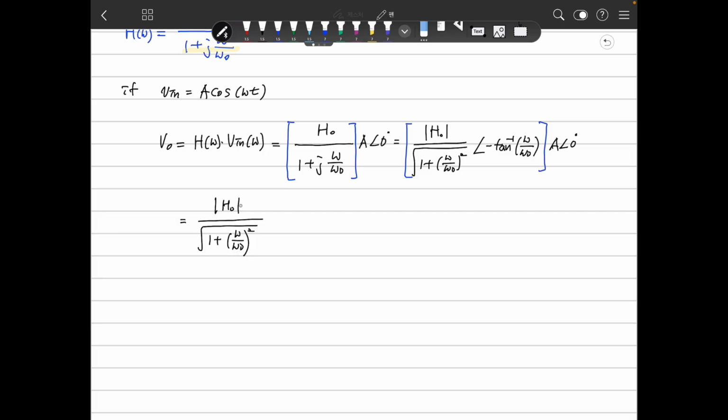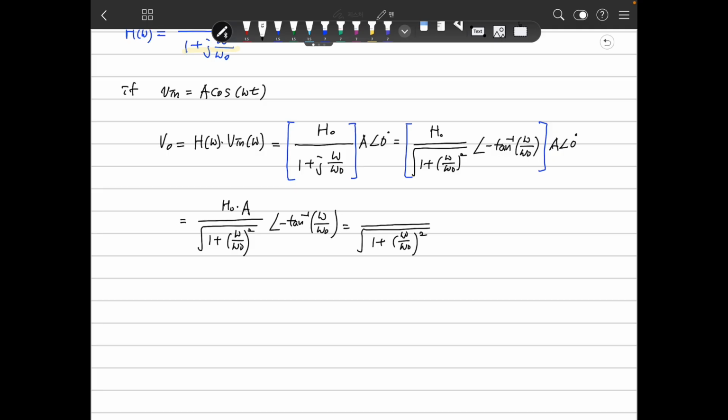H0 actually is a number here, and we have A, and the phase angle is minus arctangent omega over omega 0.